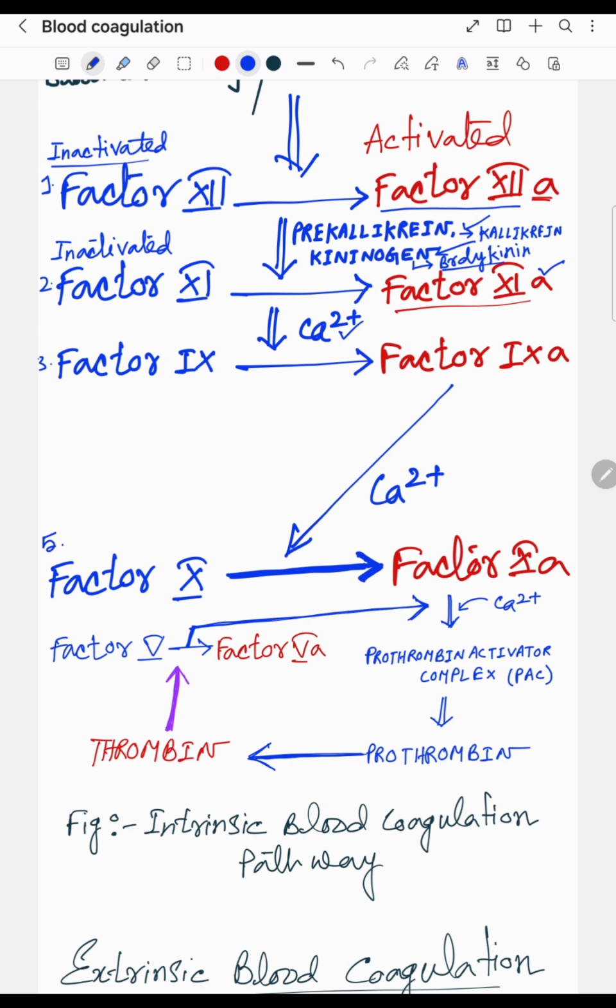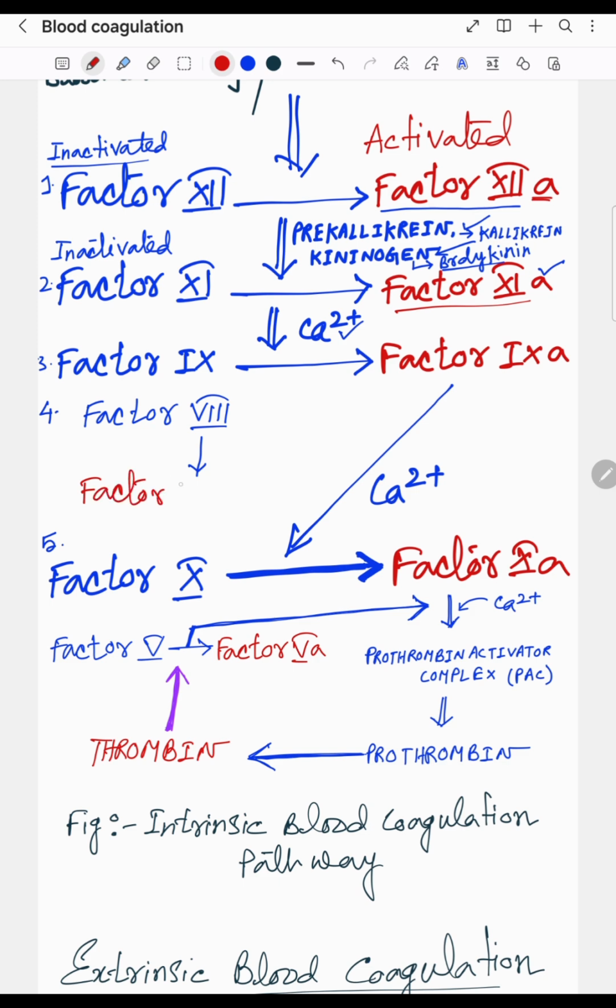Then there is one step missing. What will be that fourth step? That fourth one will be the activation of factor 8, factor 8 to factor 8A.